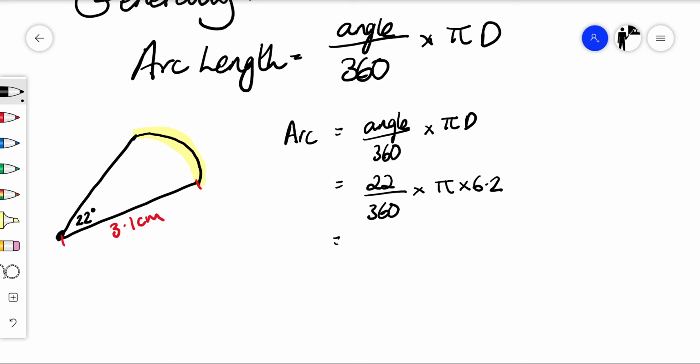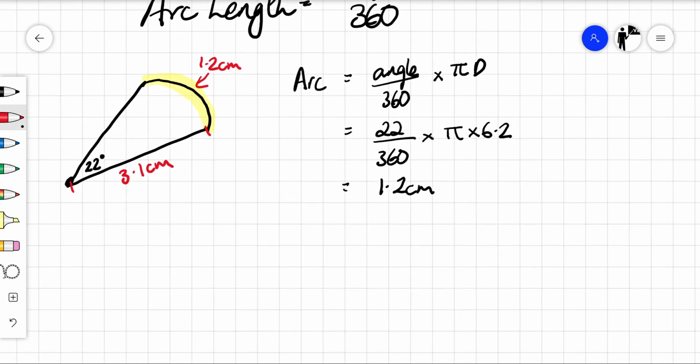So do that on a calculator, 22 divided by 360 times pi times 6.2, and to one decimal place, that would be 1.2 centimetres. So we're essentially saying that this curved part, if we flattened it out, would be 1.2 centimetres.